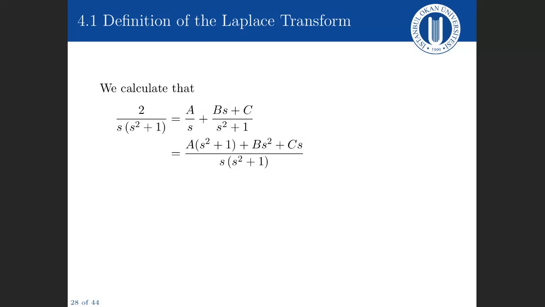We need to calculate a, b, and c. By putting these functions over the same denominator, we get a times s squared plus 1 plus bs squared plus cs, or a plus b times s squared plus cs plus a. Now, straight away, a must be 2.